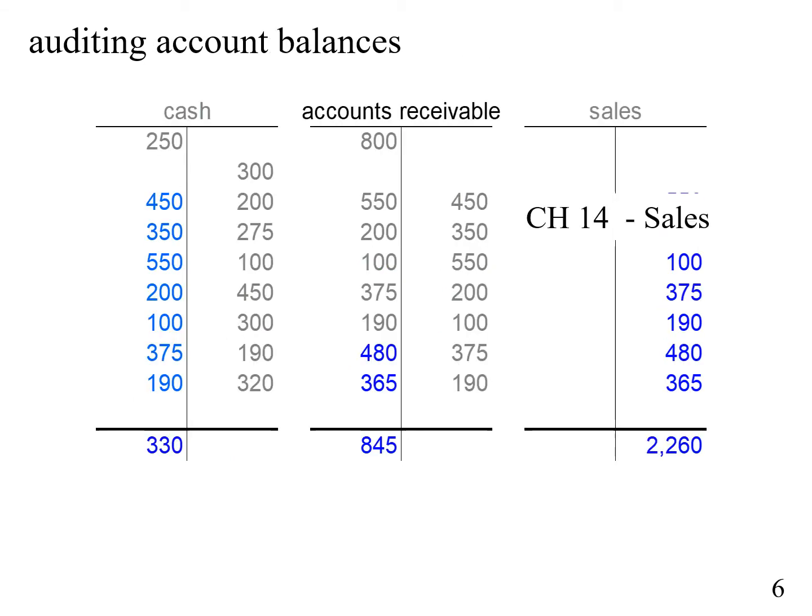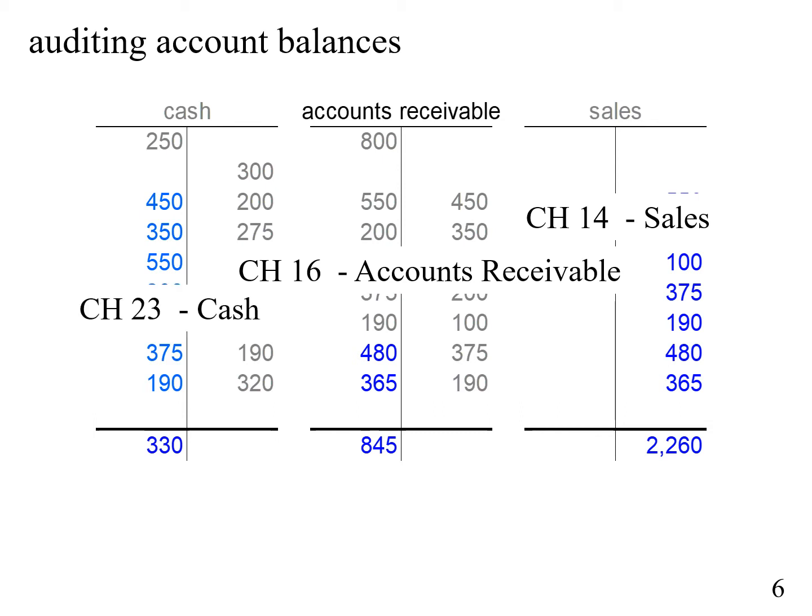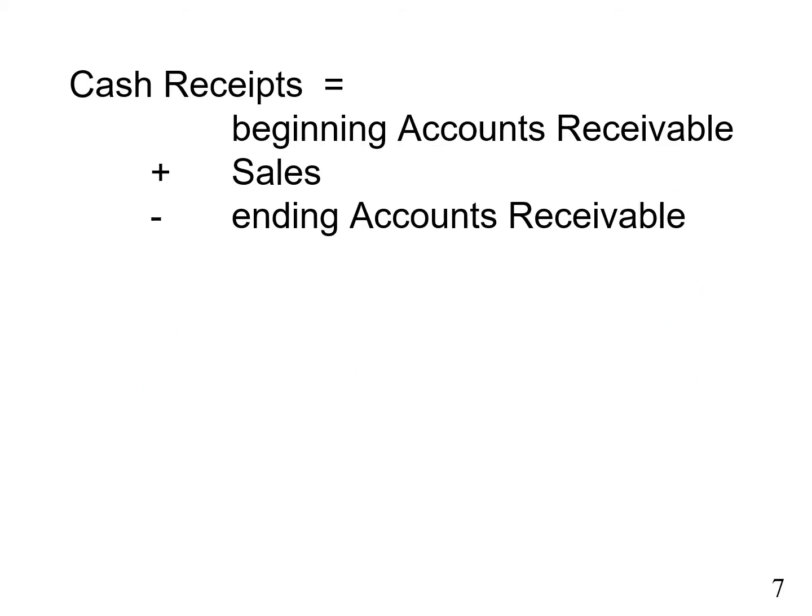Chapter 14 is auditing sales. Chapter 16 is accounts receivable. Chapter 23 is cash receipts. So that's pretty much the rest of the quarter. Now, we all learned in 214, 321 that cash receipts equal sales plus or minus the change in accounts receivable.